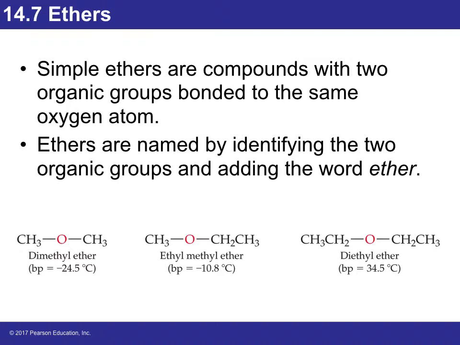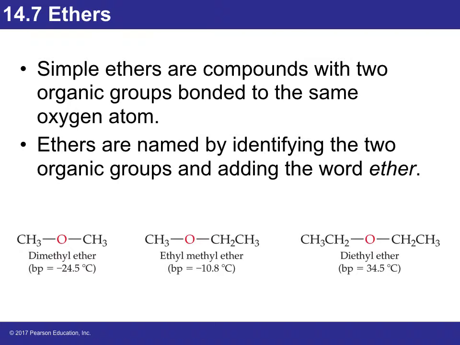So right here on the far left, I have a methyl on the left, I have a methyl on the right, so it's a dimethyl. Both are linked with a covalent bond to an oxygen atom, so it's a dimethyl ether. In the middle, I have a methyl on the left and ethyl on the right.